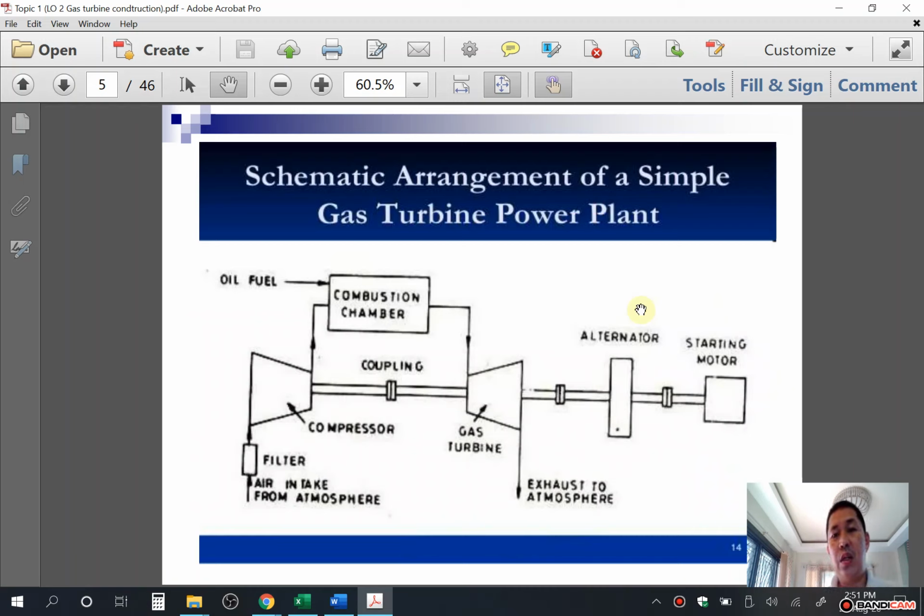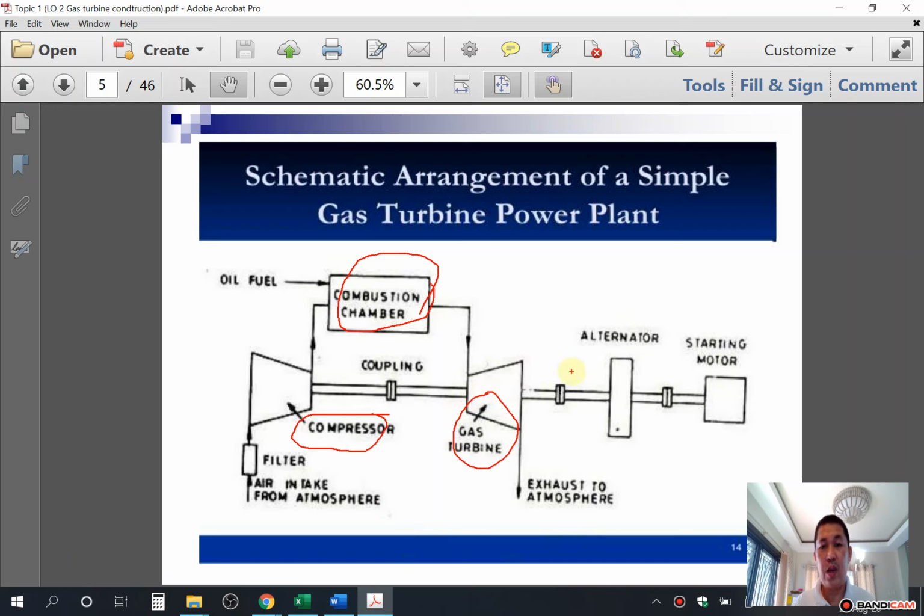This is a schematic arrangement of a simple gas turbine in a power plant. Let's say here, this is the turbine. This is the diagram. Now you have the compressor, the combustion chamber, and the gas turbine.